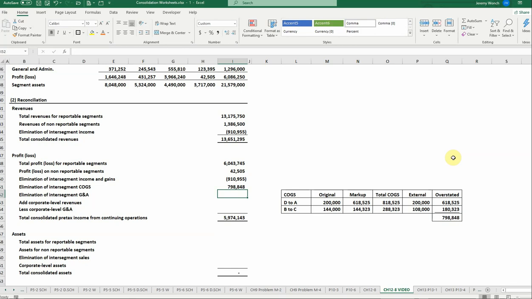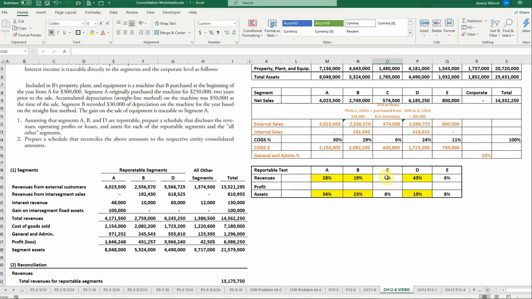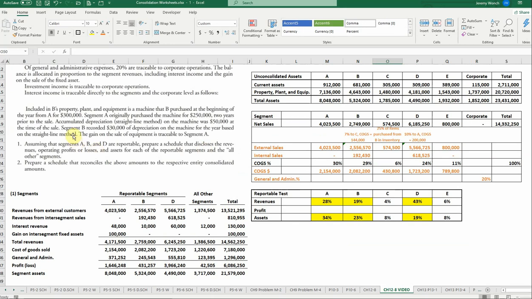All right, so the next one is intersegment G&A. And the intersegment G&A that they're talking about here is depreciation. It says Company B recorded $30,000 of depreciation on the machine, and it's straight line method.